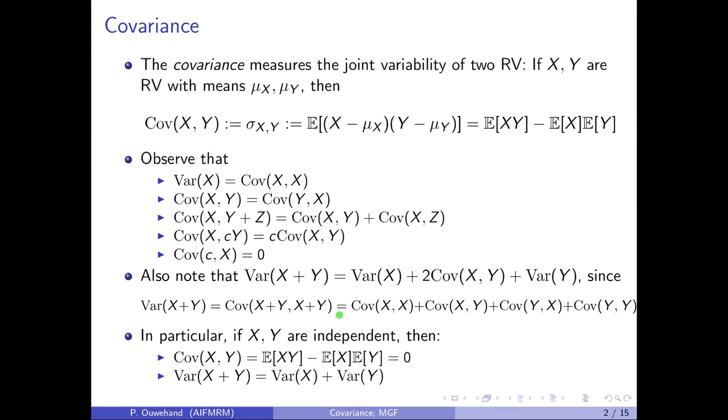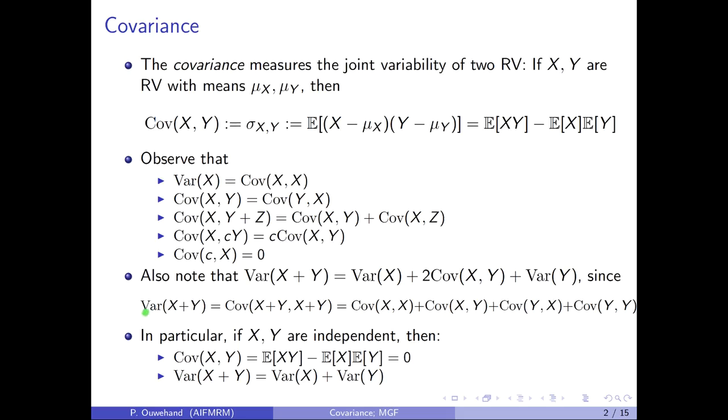Applying the bilinearity of the covariance operator, that is the same as the covariance of x with x, the covariance of x with y, the covariance of y with x, and the covariance of y with y. And then using the symmetry, these two terms in the middle are the same, they're just both equal to the covariance of x with y.